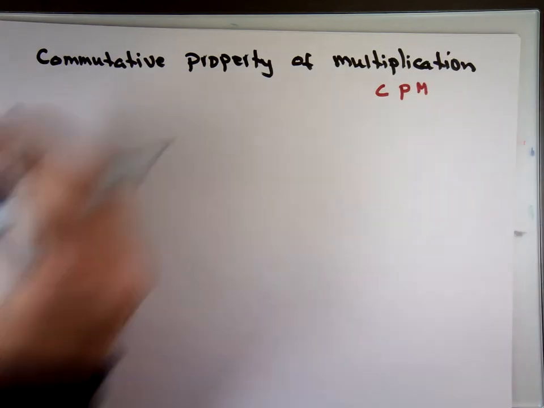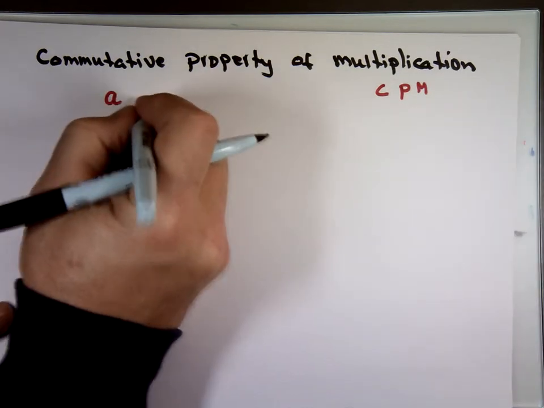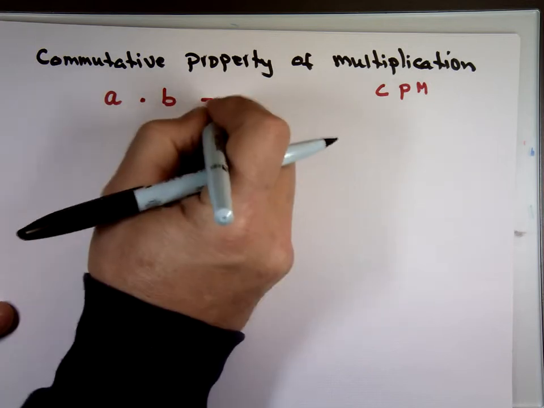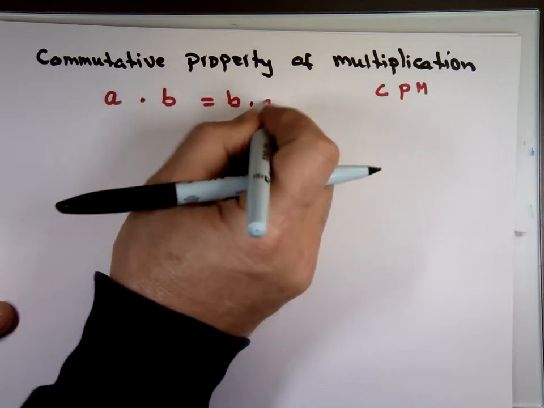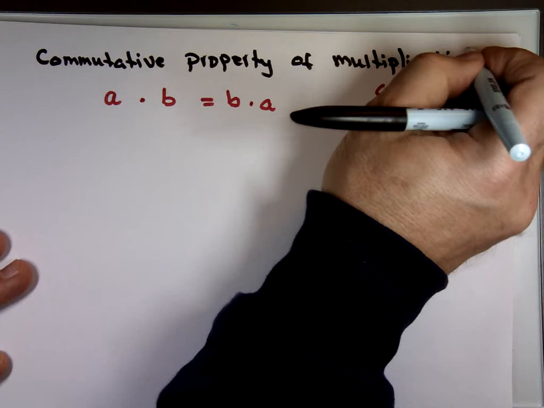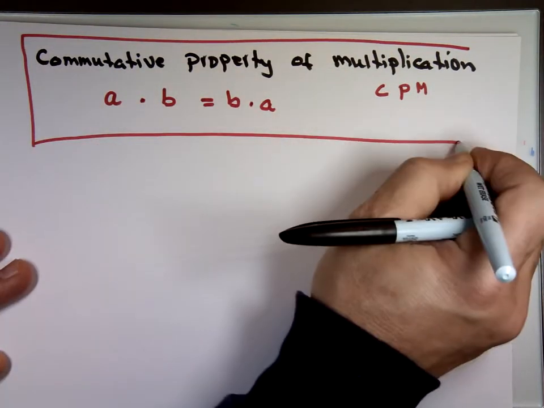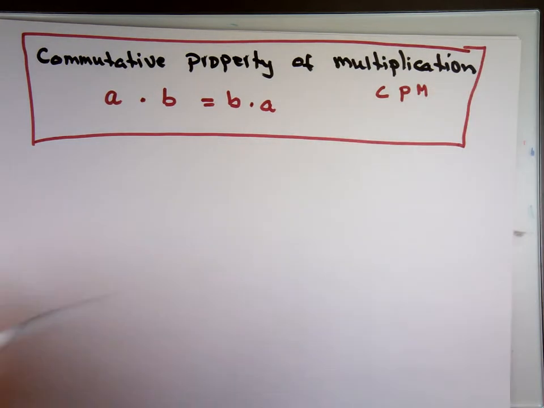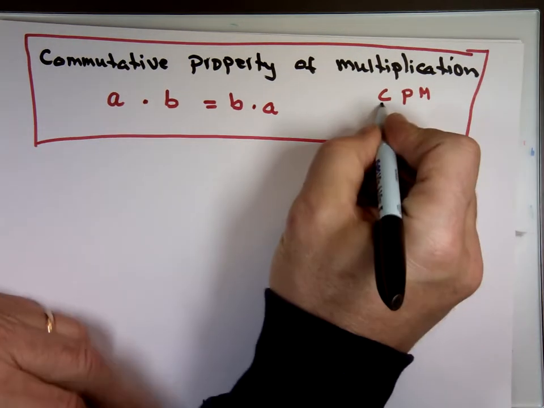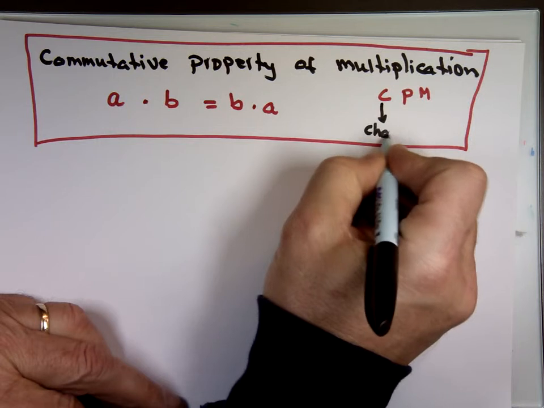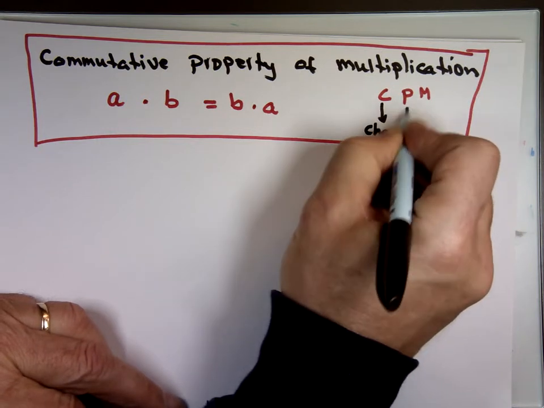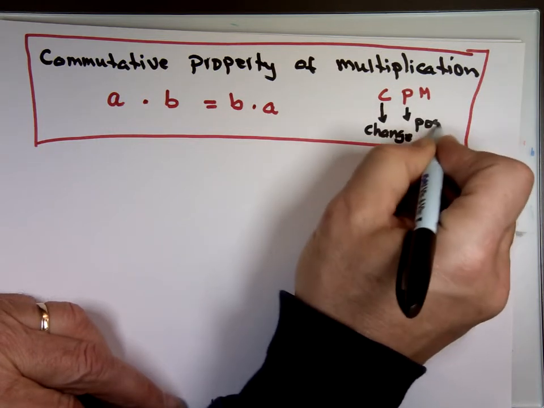And what that means, if you're multiplying two numbers, A times B, that is the same as B times A. If you change the position of them, it doesn't change your answer. That's why I call it CPM. The C stands for change for me. The P stands for the position. Change the position of the numbers.